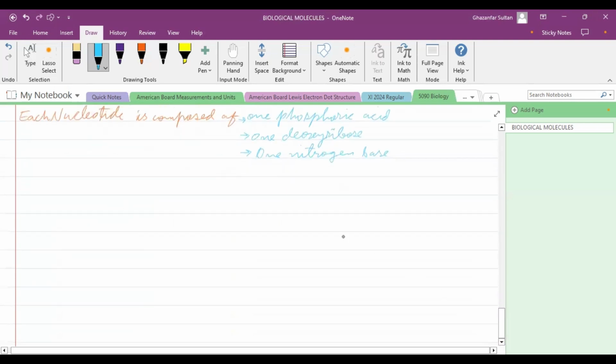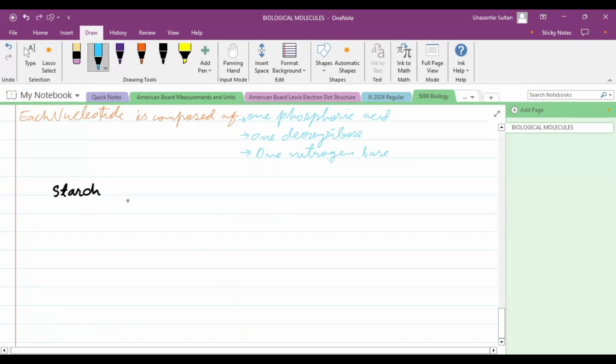Now see, if we want to represent a carbohydrate, for example, starch. So see the diagrammatic representation of different kinds of carbohydrates.